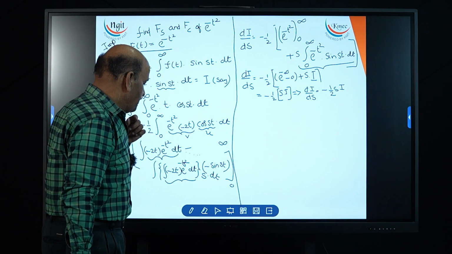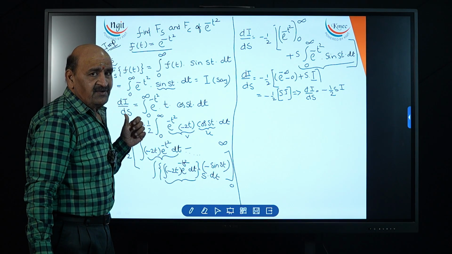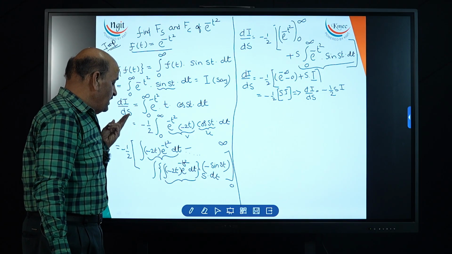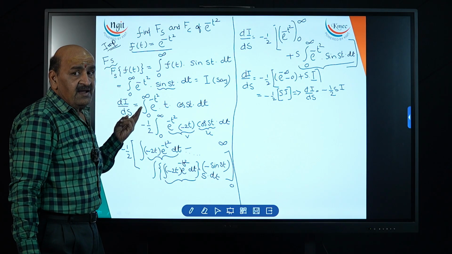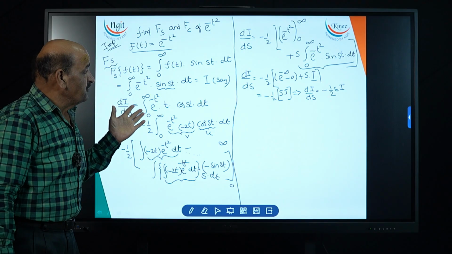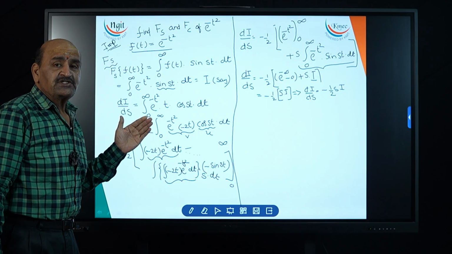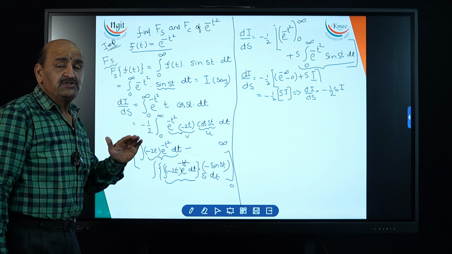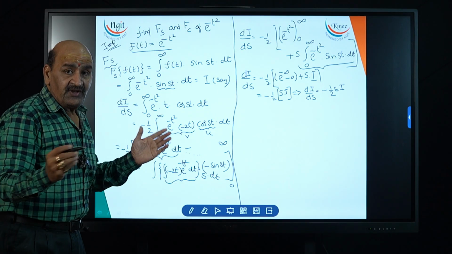Now, this is a first order differential equation. Here it contains only two variables, one is I, another one is small s. So in this way, we can solve this first order differential equation by using the method of variable separable.